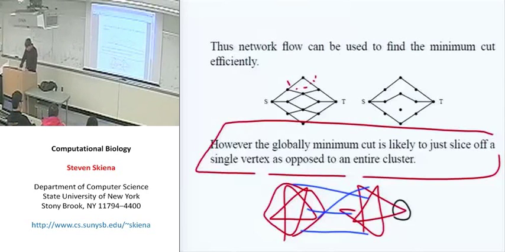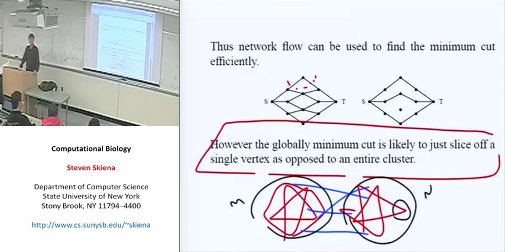If this cluster had n elements, and this cluster had m elements, the maximum in-cluster degree here is going to be m minus 1, and the maximum in-cluster degree here is going to be n minus 1. The maximum number of edges spanning the clusters is how much?